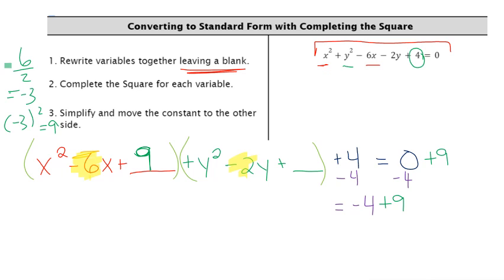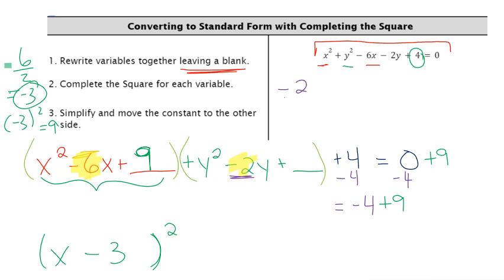So in this part now, if I leave myself a little space and rewrite this completing the square, this would now be x minus 3 quantity squared. So remember, you're using half of that b value. That's what goes in the parentheses. Same thing here. If I take that negative 2, I'm going to divide it by 2, get negative 1, and then I'm going to square it and get a positive 1.